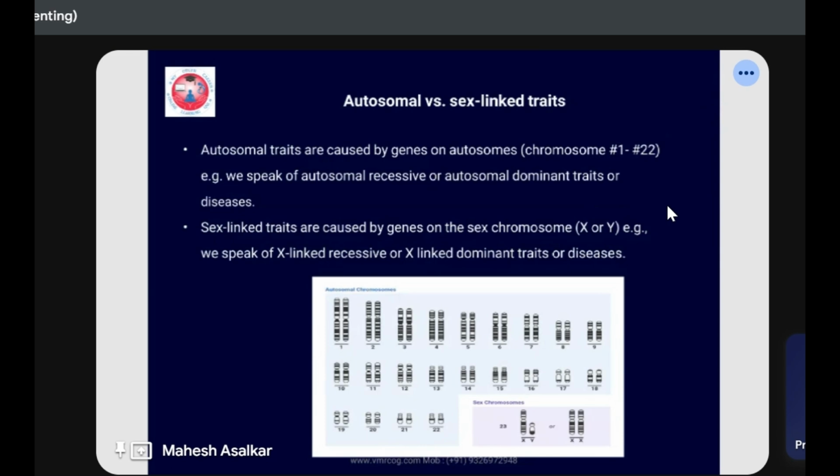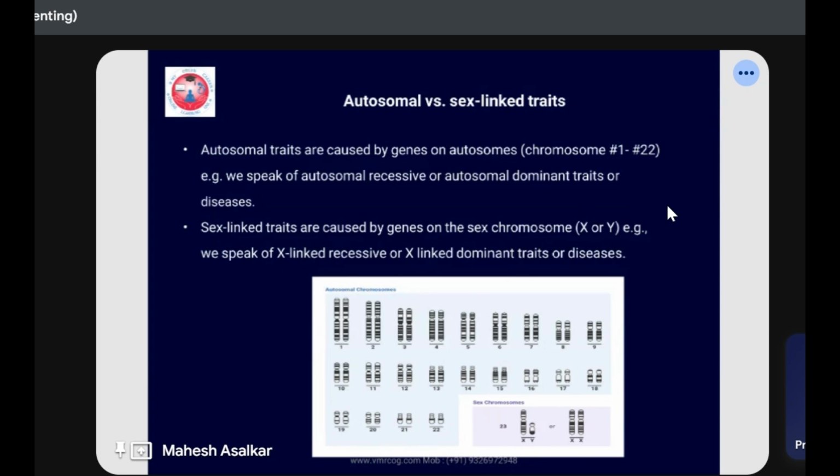Then how is the expression of autosomal and sex-linked traits? Autosomal traits are caused by genes on autosomes. We know that there are a total of 23 pairs of chromosomes, out of which 1 to 22 are autosomes and the 23rd pair is a sex chromosome. So when we speak of autosomal recessive or autosomal dominant traits, generally they are affecting chromosome pairs from 1 to 22.